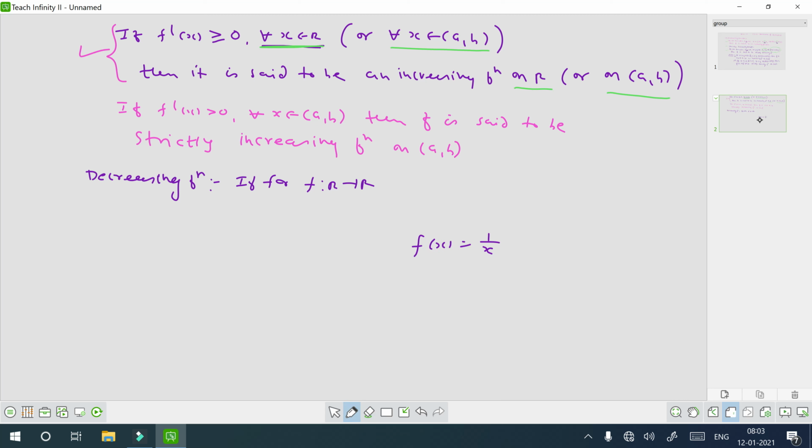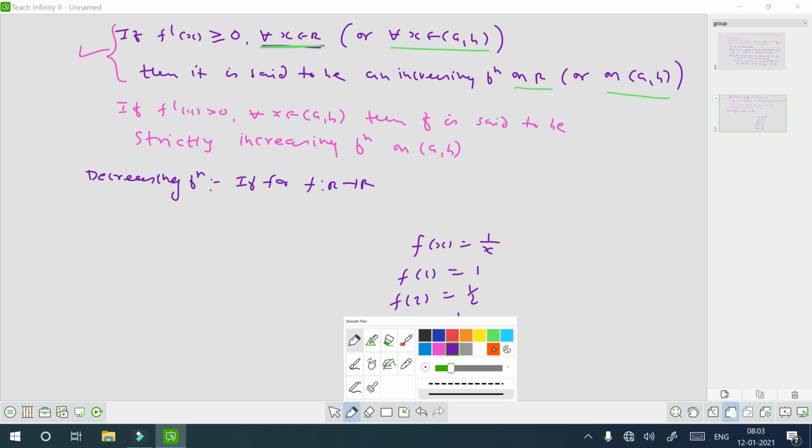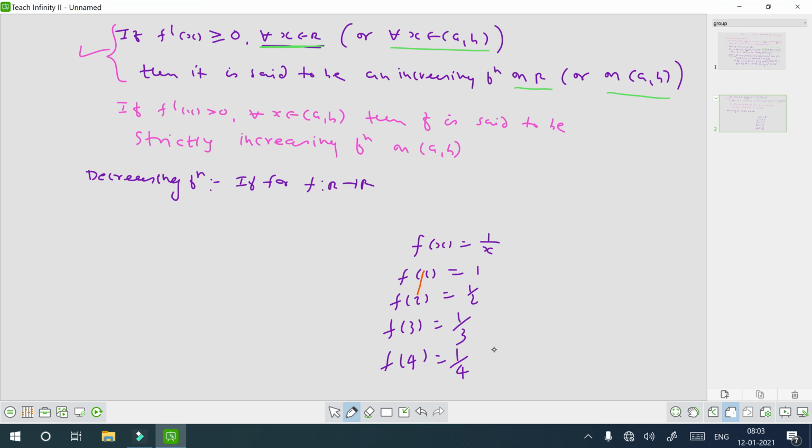f of x is equal to 1 by x. f of 1 is 1, f of 2 is 1 by 2, f of 3 is 1 by 3, f of 4 is 1 by 4. Now see, whenever pre-images increase, at that time images decrease.